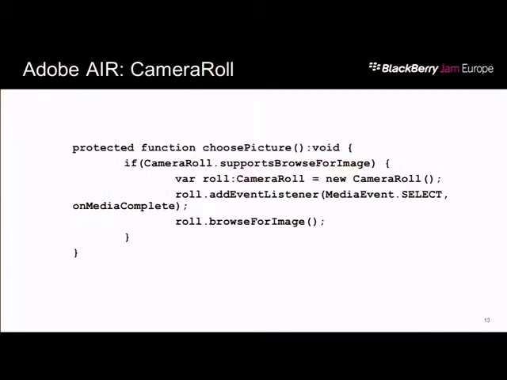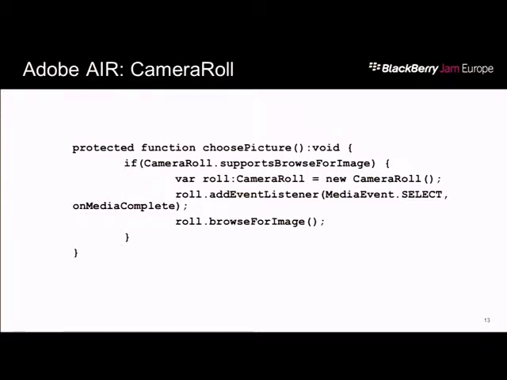If you want the user to choose a picture from the camera roll, you have the camera roll object. This API is very similar to the Camera UI, but takes the user to the camera roll of the device. Then you do the same, because you ask if camera roll is supported. If it's not supported, you have no permissions. So you can get an instance of the camera roll object, then add a corresponding listener, for select, and then browse for image.